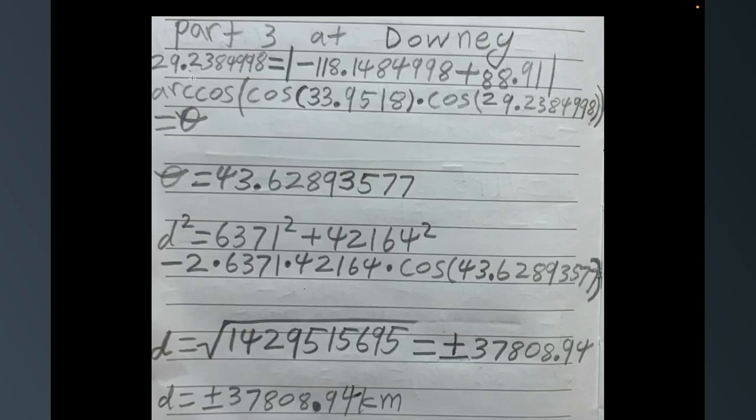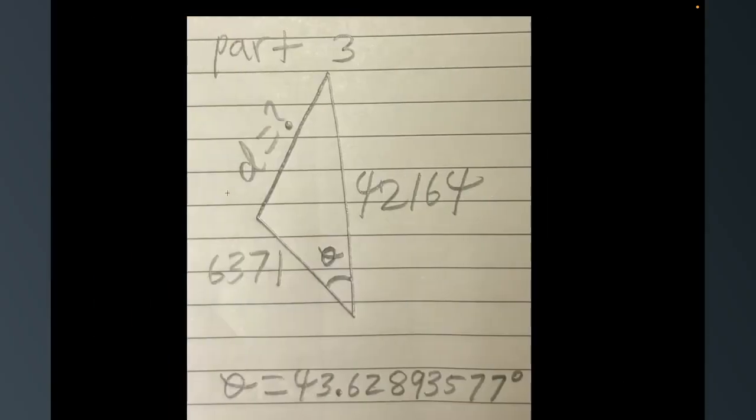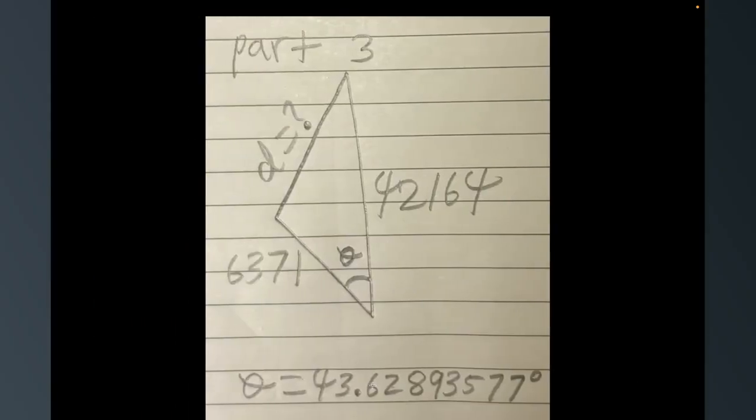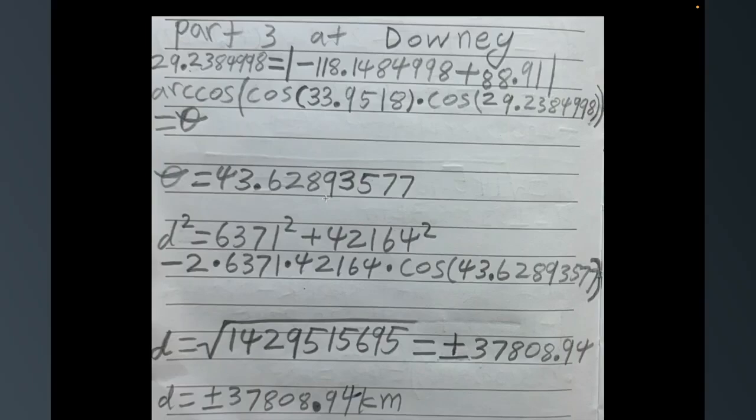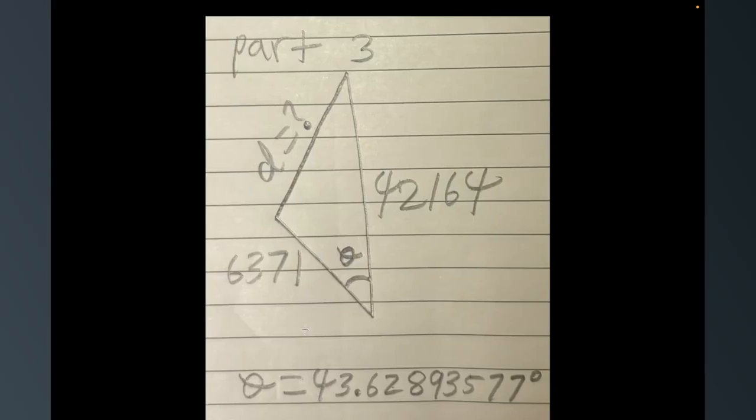The coordinate of it is this and this. So do some trigonometry, we find theta, angle theta, is equal to this number, 43.628,93577. This is the angle theta.